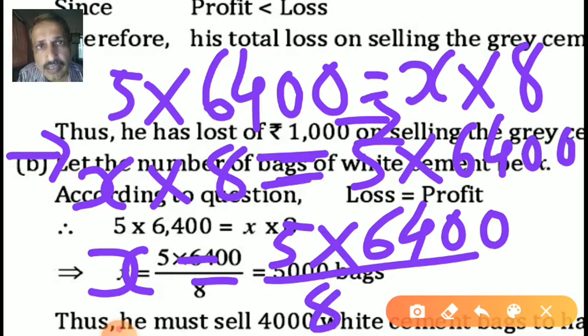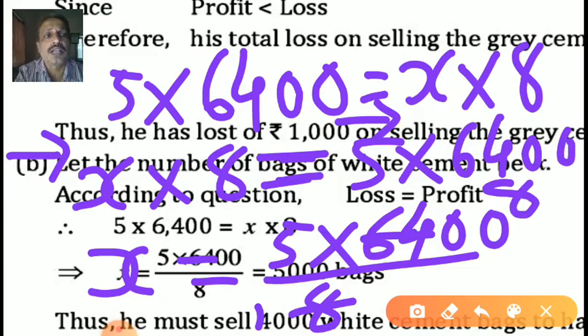Let's check. Is any cutting possible? 5 and 8 not possible. Yes, 64 and 8. In the 8 table, 64 is coming. Yes, 8 8s are correct. So we can write here 8 1s are 8, 8 8s are 64.